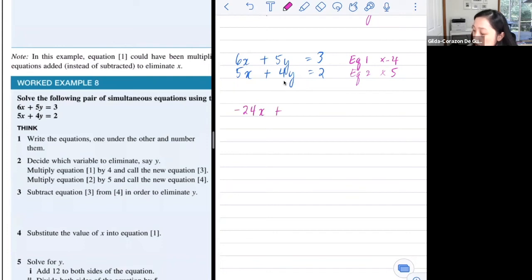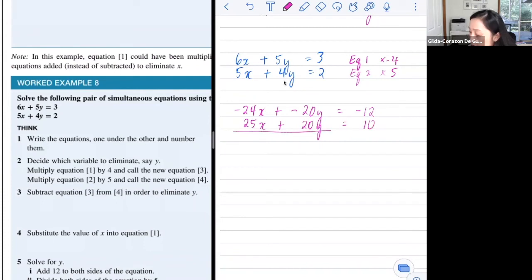If I've got 5y times negative 4, I get negative 20y. And then multiply 3 by negative 4, I get negative 12. Okay, and then multiply the second equation by 5: 5x, I get 25x, plus 4 times 5, I get 20y. And then I've got 2 times 5, I get 10.